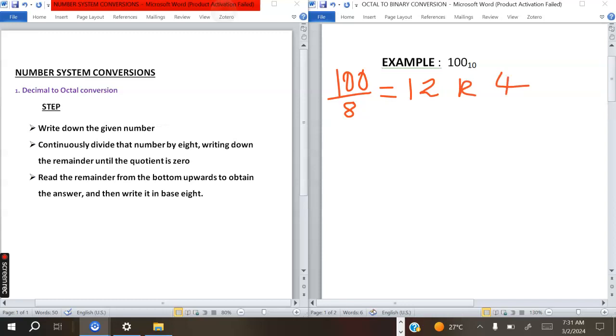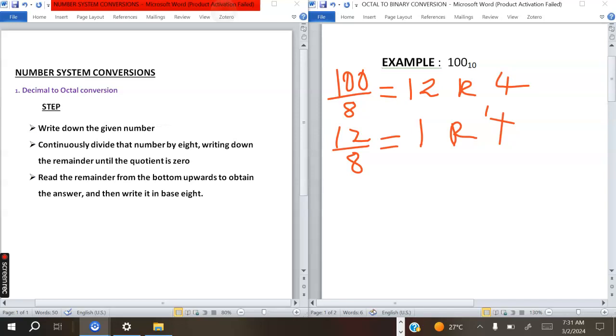Then step number 2, get the answer that you have gotten, that is 12, divided by 8, which is going to give us 1, remainder 4. Remember, for my case, I'm using the long division method. That's why we are saying that this is 100 divided by 8, which is how we do the normal division.